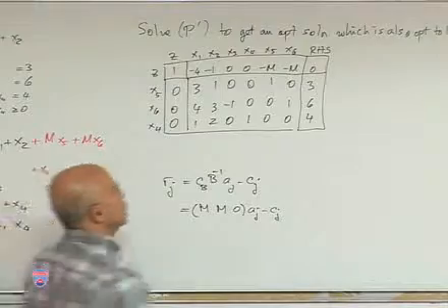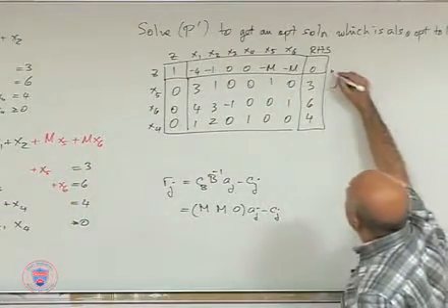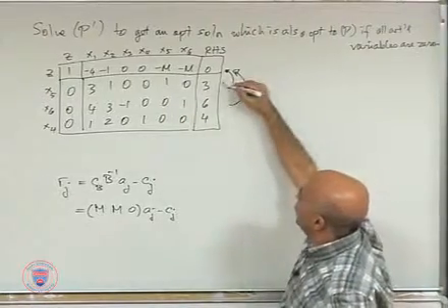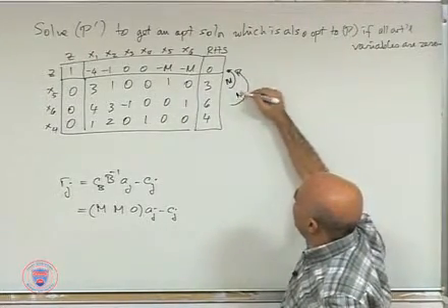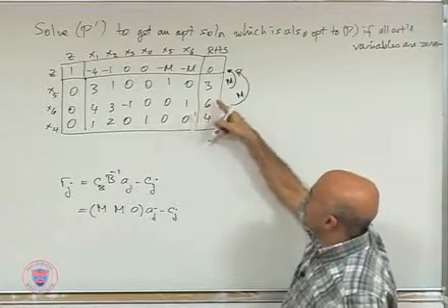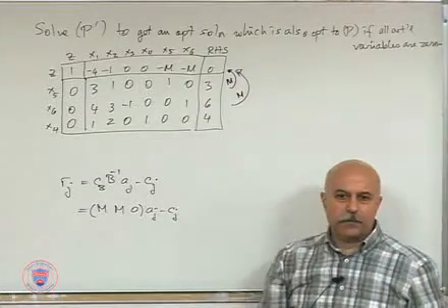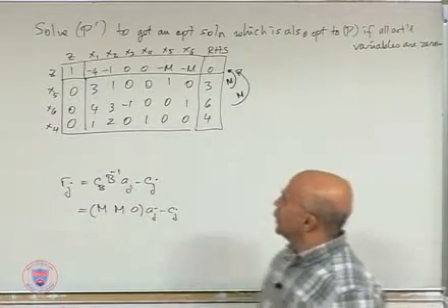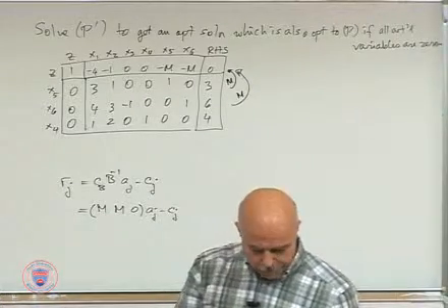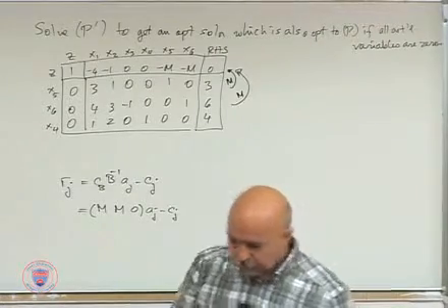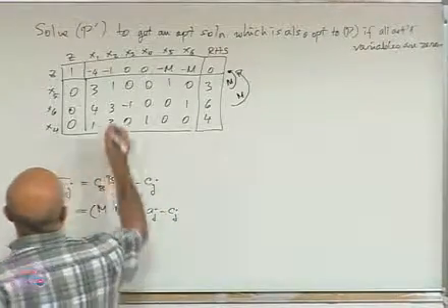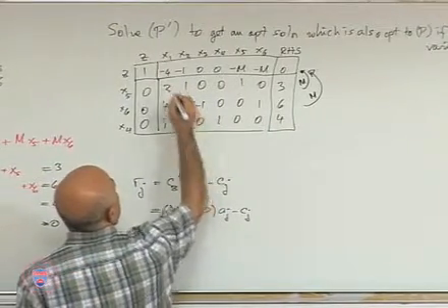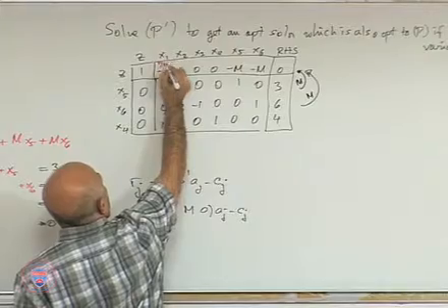But an easier way is to simply zero them out using appropriate multiples of the other rows. So if you multiply row 1 and row 2 by M and add them to the top row, you achieve the same thing. They are equivalent operations. That will give me a revised version of this, which will give you 3 plus 4, 7M minus 4.